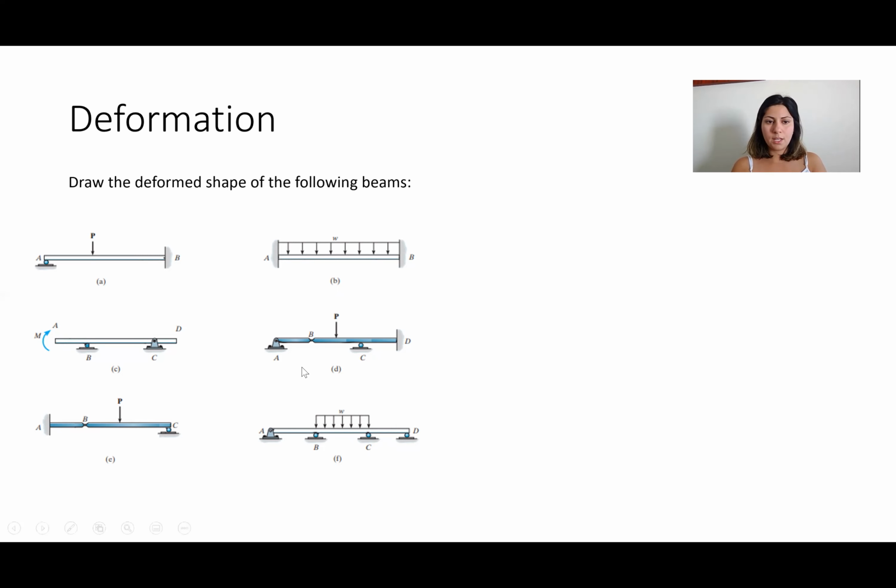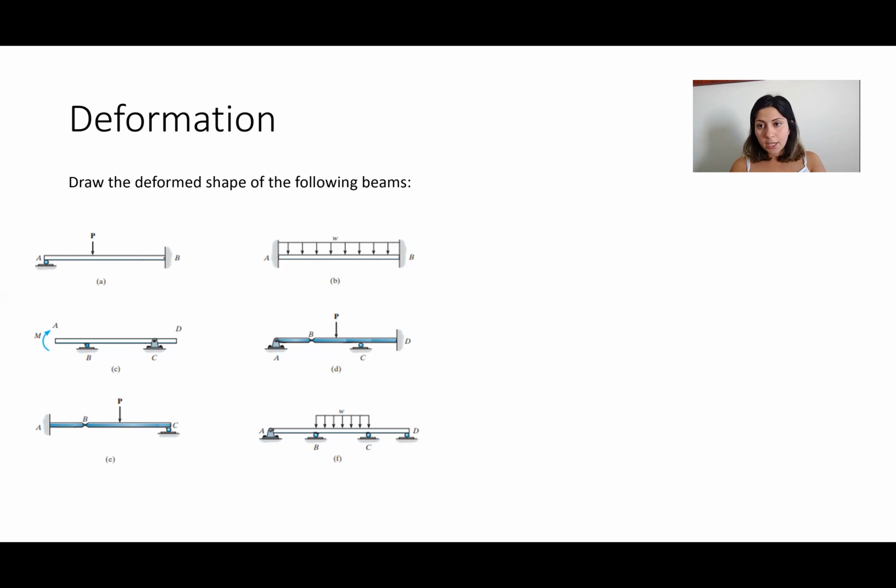For example, here the rotation is 0 and the displacement is 0, so this point is fixed. Here is also fixed. These points are fixed, they don't move, as well as these two, and we also have a 0 rotation here.